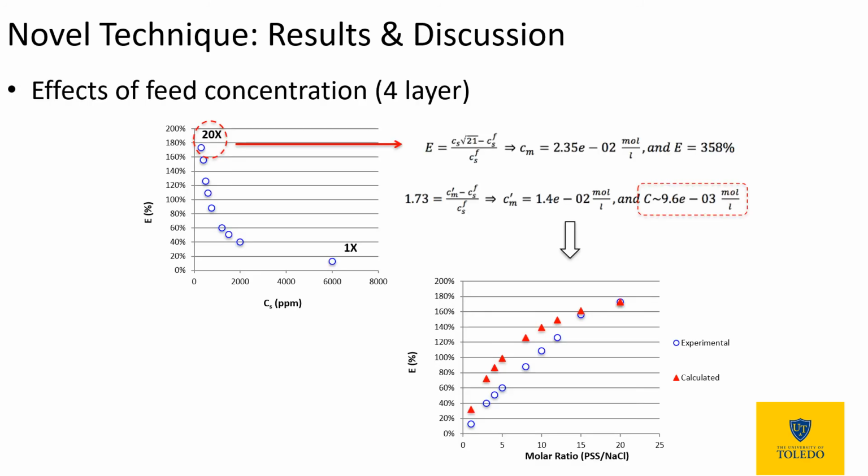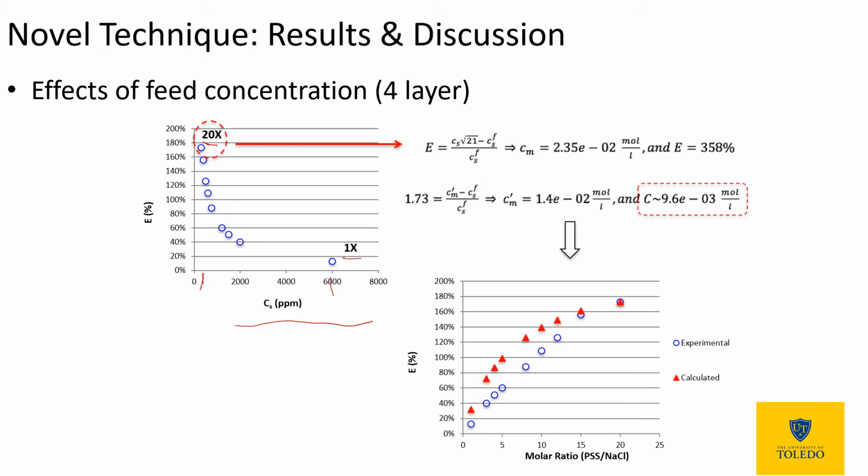What's shown here are a couple of plots looking at the effect of changing the feed concentration. In particular, in the upper left, what's shown is the effect of changing the salt concentration for a high level of polymer concentration. For the range of salt concentrations you see here, from on the order of 100 to 500 ppm up to about 6,000, the ratio of sodium contributed from the polymer in the feed solution relative to that contributed by the dissolved salt changes from about 20 to 1 down to 1 to 1.